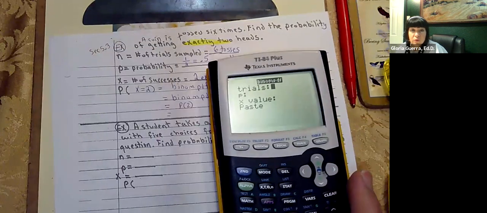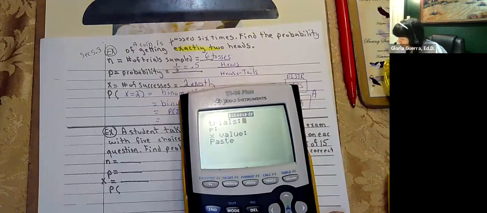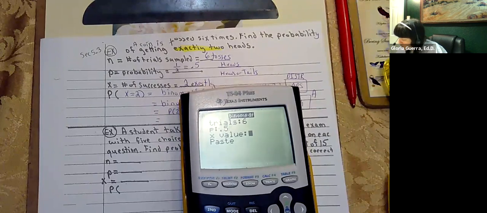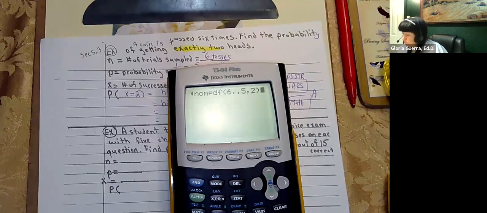Okay, so your trials are 6. Your P is 0.5. And then your X value is 2. And just double check that.